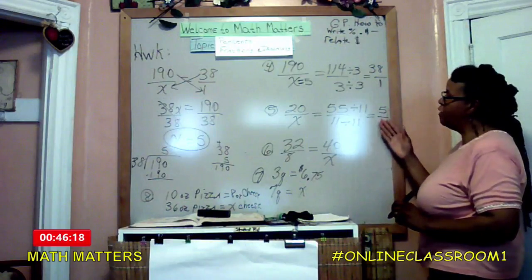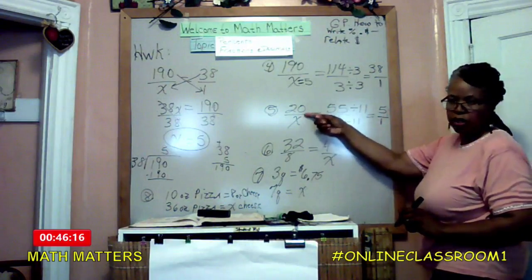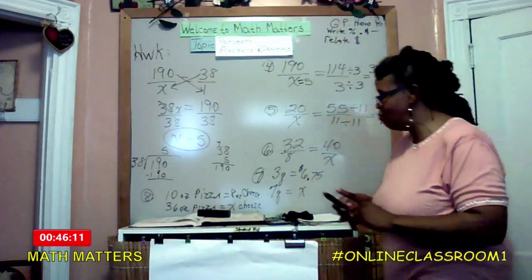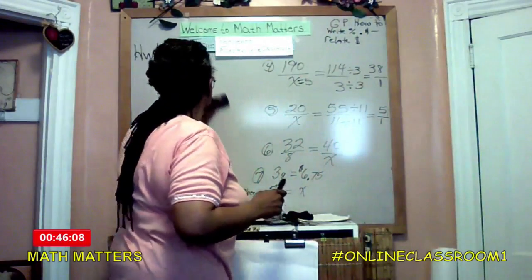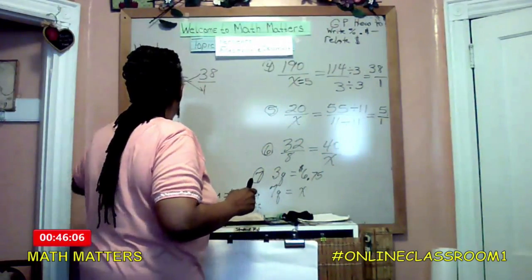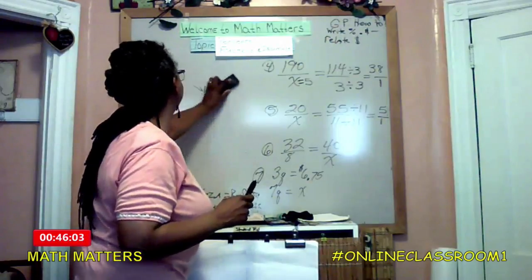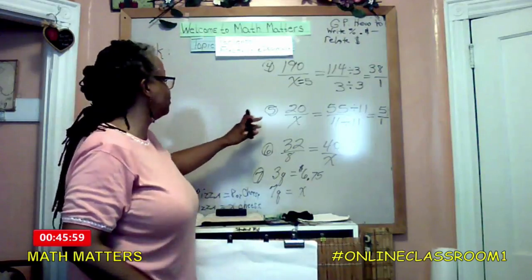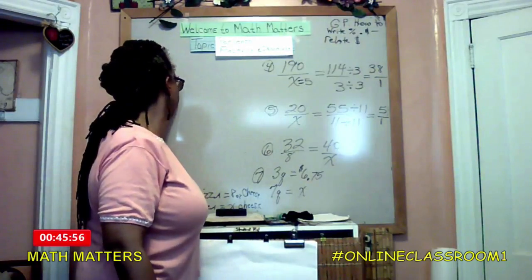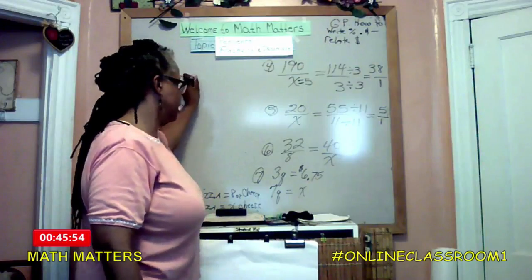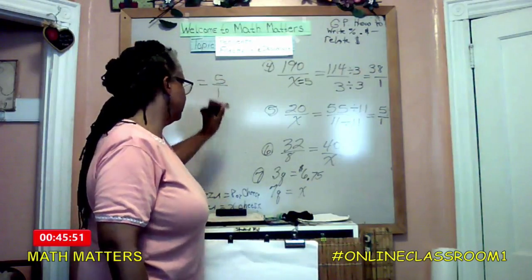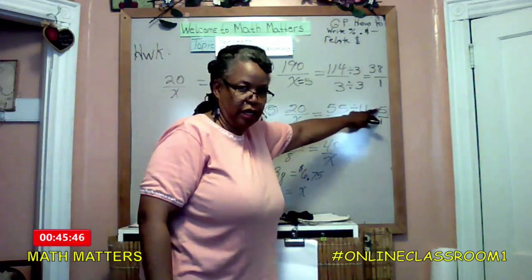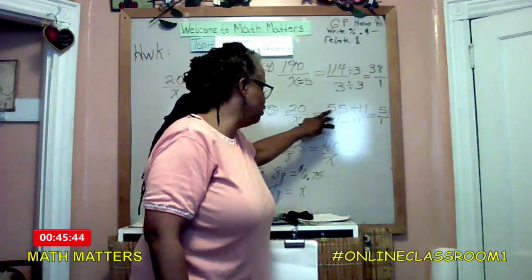And now I can look at 5 to 1 with 20 to x. I will cross multiply as soon as I find some room. I tell you, I love this stuff. Math is so much fun, especially when you're getting the right answers. So we have 20 is to some number x as 5 is to 1. Once we use the simplified ratio, then we go back to the original.